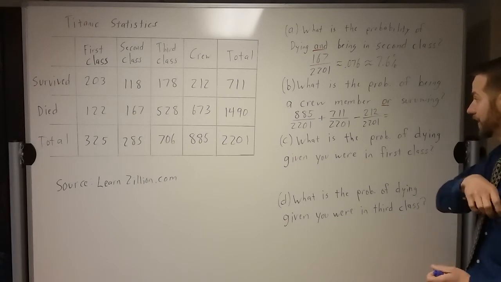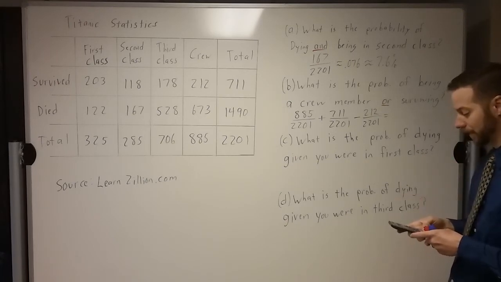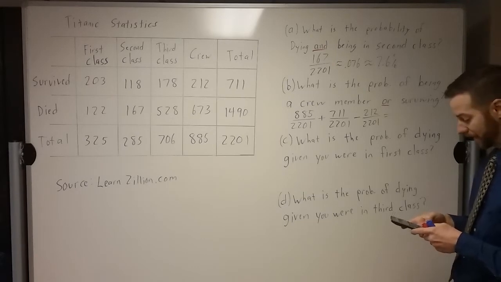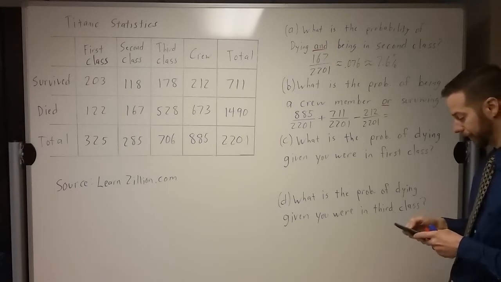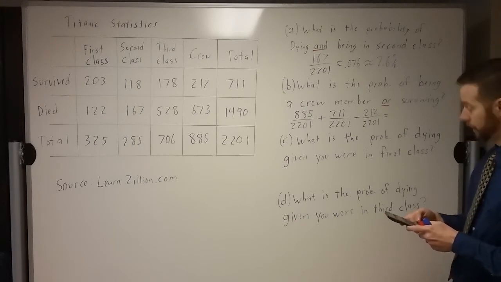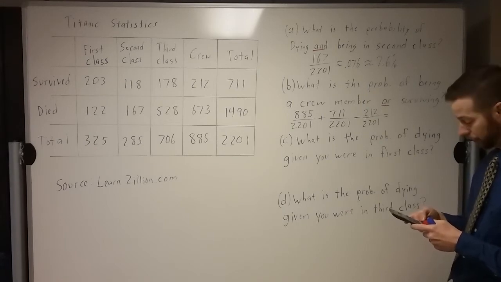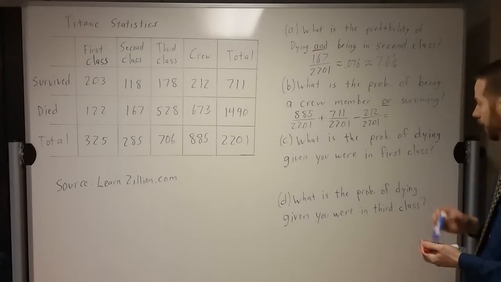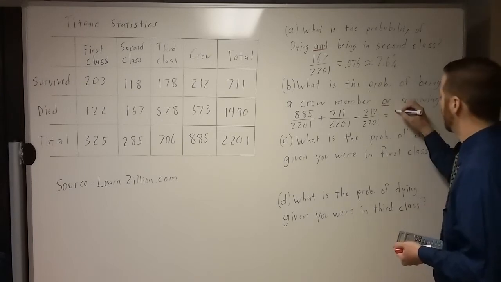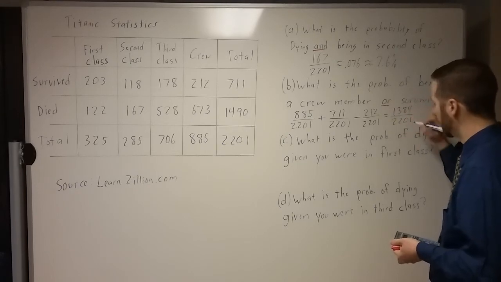Putting all this together, we've got 885 plus 711 minus 212, which is 1384. So we've got 1384 over 2201.